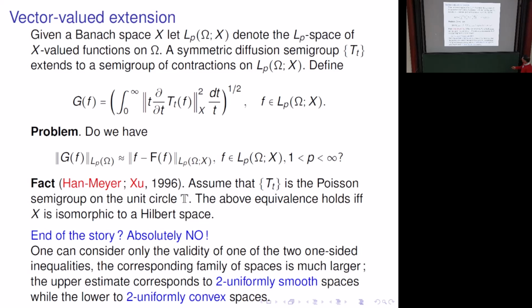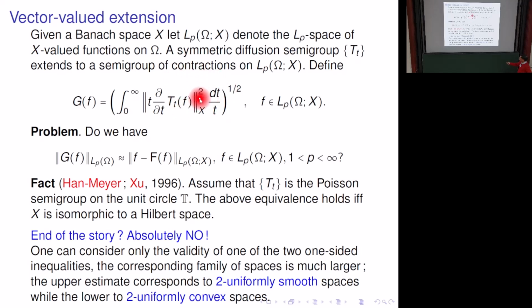So this is related to the so-called 2-uniformly smooth spaces for the lower estimate, and the so-called 2-uniformly convex spaces for the upper estimate. You see this, because both 2's here correspond to the index in the square function.